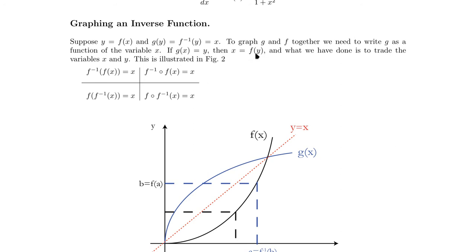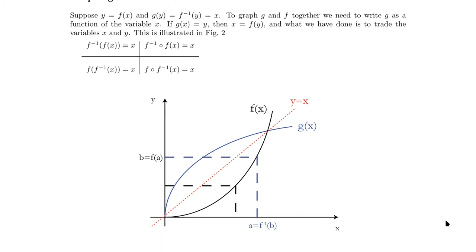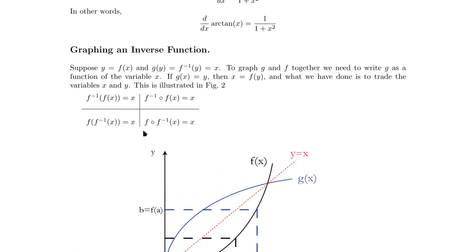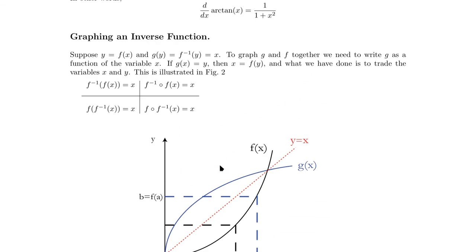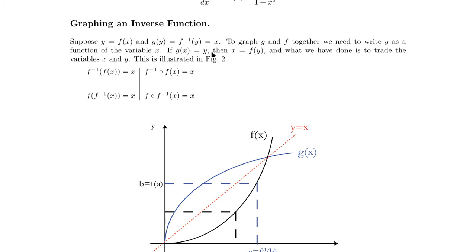Now to graph g and f together, we need to write g as a function of x, because when you're putting things on the x, y plane, if you write one thing as a function, you need to have the other thing as the variable. So if we have g as a function of y, we need to write it as a function of x. So we say if g of x is equal to y, then x is equal to f of y. You see why this is the case?